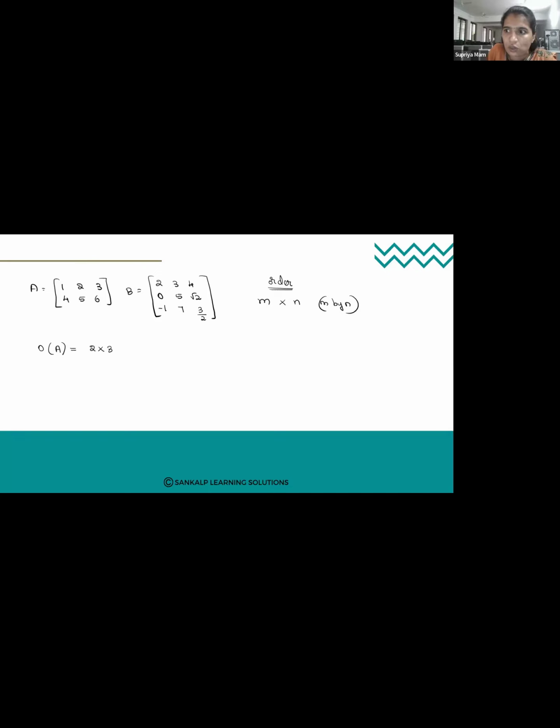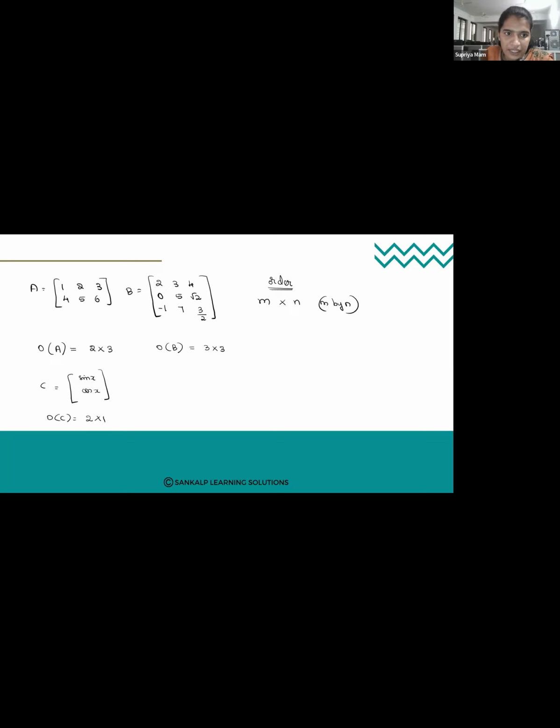Consider B. Order of B. There are 3 rows, 3 columns. So, I can write 3 by 3. One more if I consider. C is equal to, say, sin x, cos x. Order of C. There are 2 rows, single column, 2 by 1.